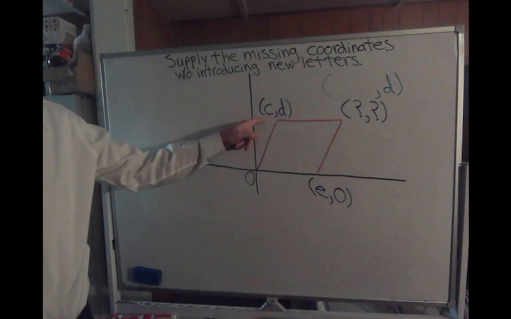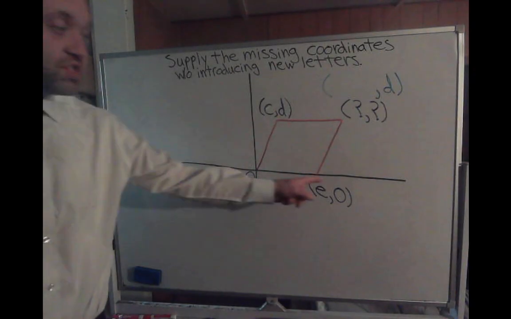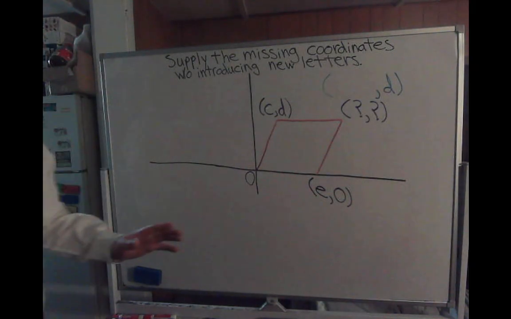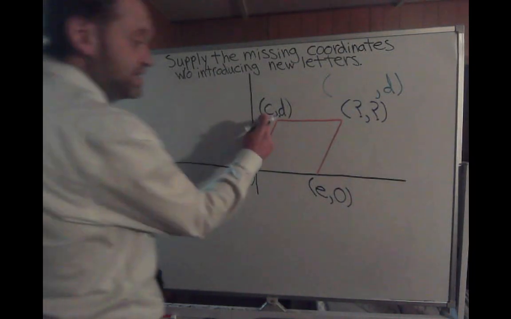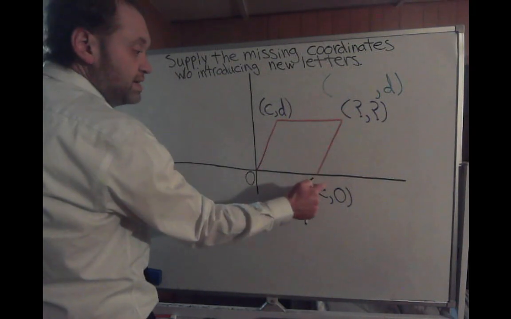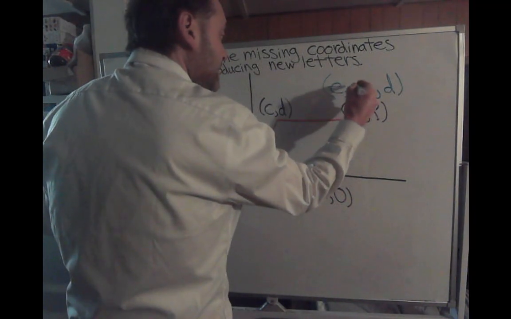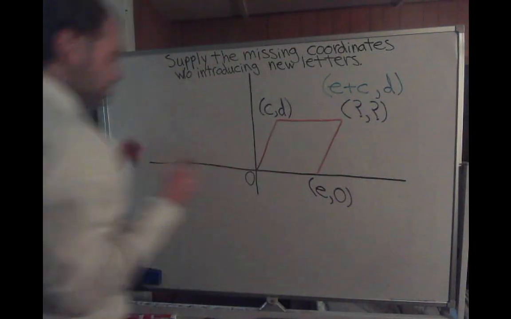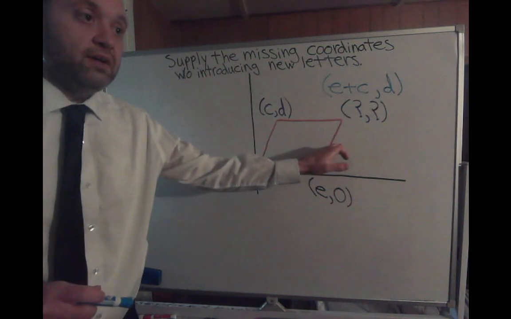So for this coordinate, you're over C units from the origin, and for this coordinate, you're over E units from the origin, right? So if we try to get to this coordinate, it's going to be C plus E, because you're shifted over another C units from E. So the coordinate for the x would be E plus C, because you're shifted over yet another C units from the E coordinate.